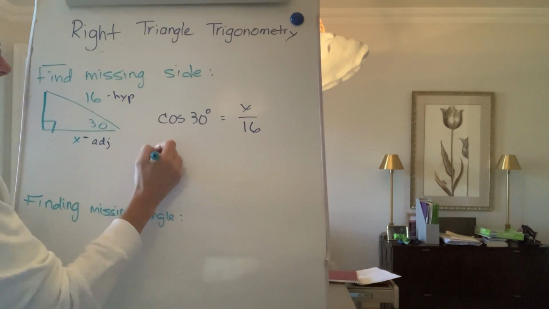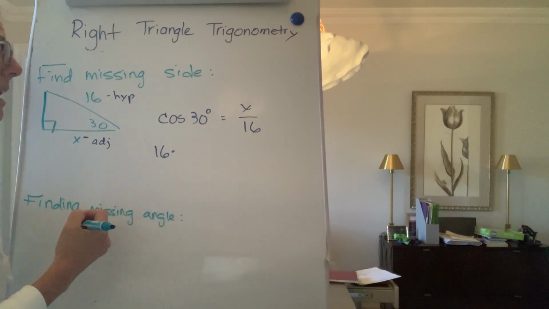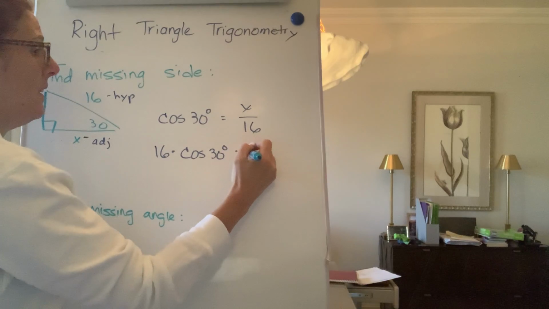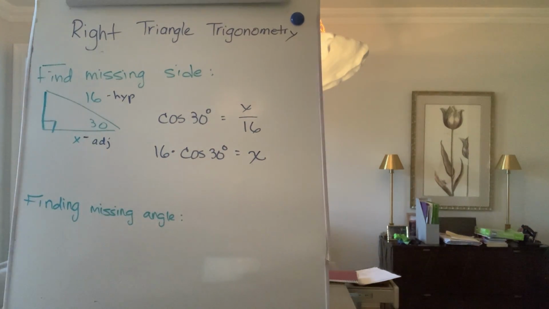If I multiply both sides by that, I can say 16 times the cosine of 30 equals x. Now you can go to your chart and get the fraction for cosine of 30, because that's in our 30, 60, 90 degree triangle. But I'm going to just calculate cosine of 30 on my calculator.